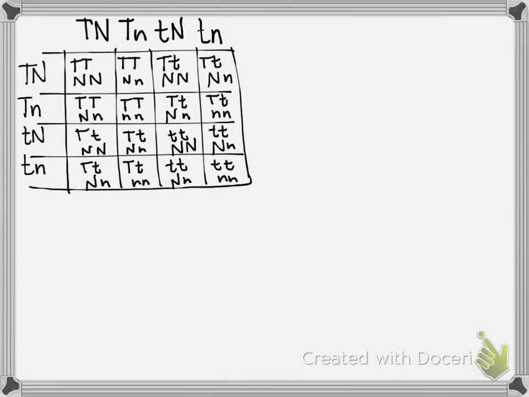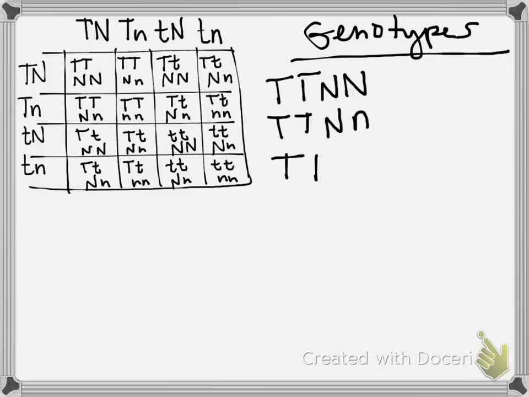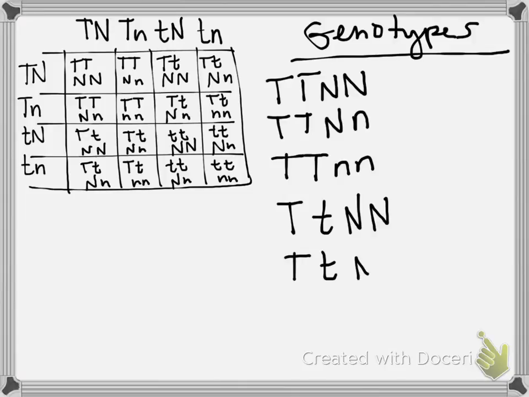So now we start to do genotype ratios. So big T, big N, big N, big T, big N, little n, big T, little n, little n, big T, little t, big N, big N, big T, little t, big T, little n, big T, little n, little n.